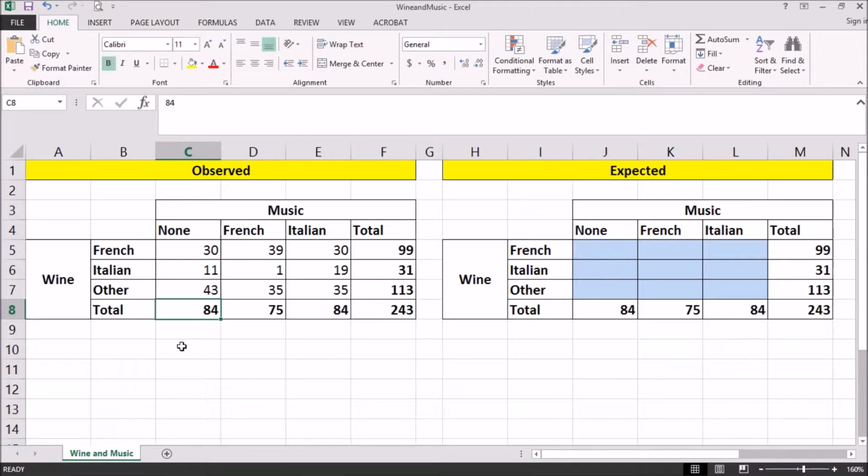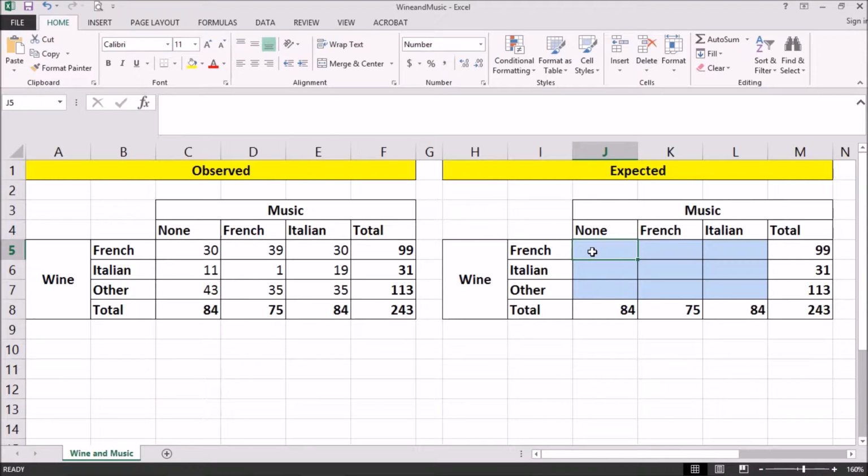To run the chi-squared test, we need to generate expected data. The overall null hypothesis we're going to test is that there is no difference in the distributions of wine purchases at this store when no music, French music, and Italian music are played.